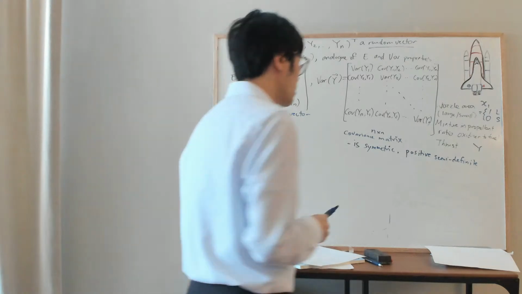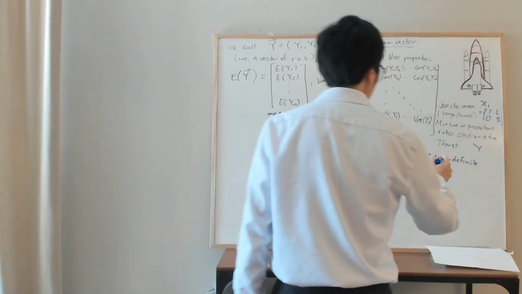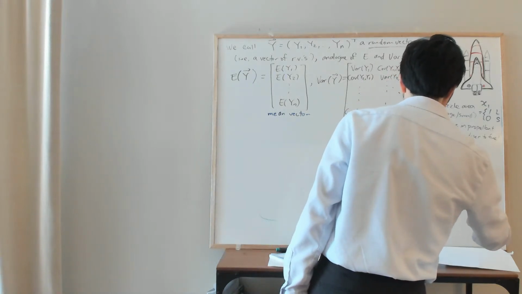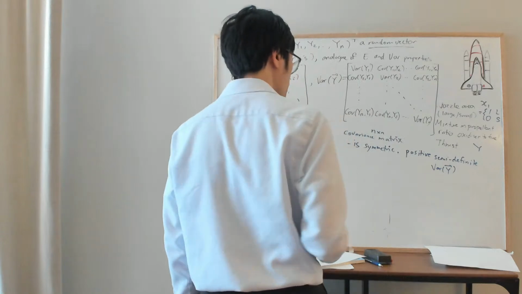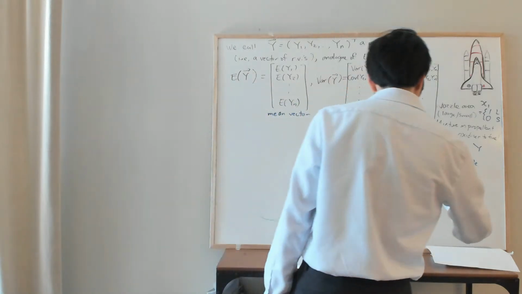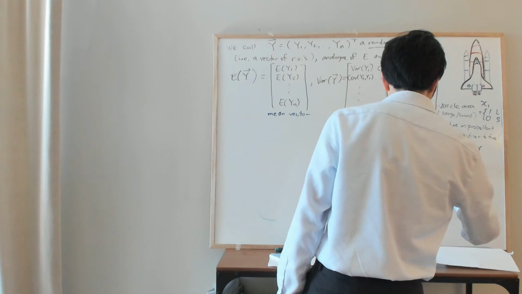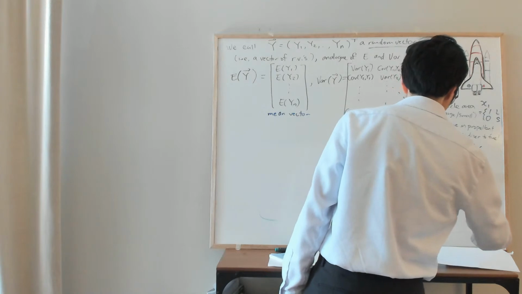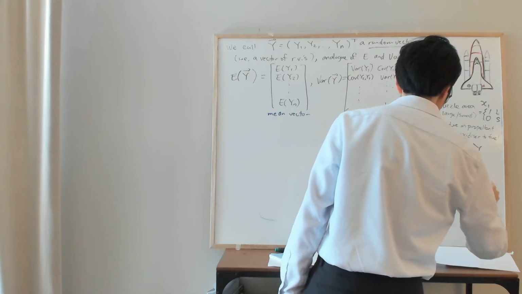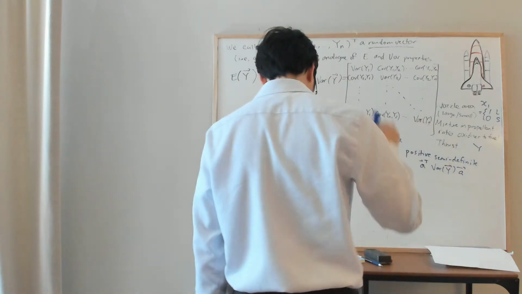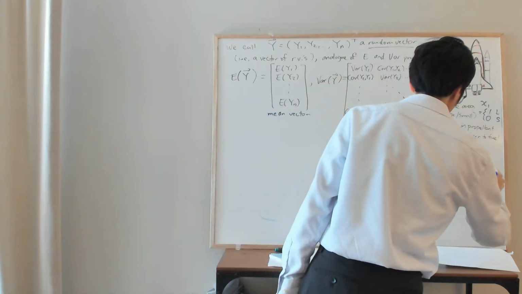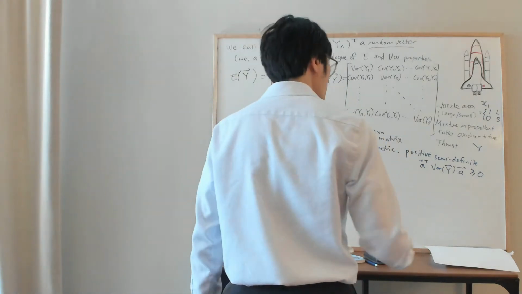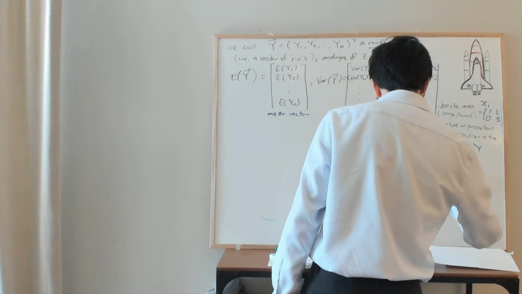What that means is, if you take this covariance matrix, variance of random vector y, and a vector of constants a, then a transpose times the covariance matrix times a is greater than or equal to 0, for all a in R^n. So a is an n by 1 vector. That's what is meant by positive semi-definite.